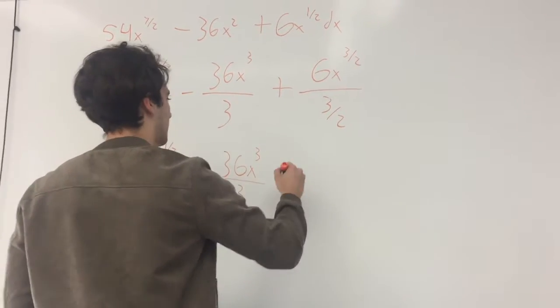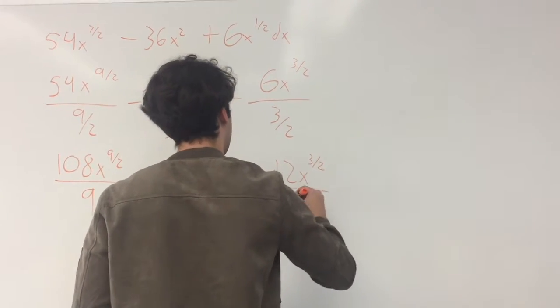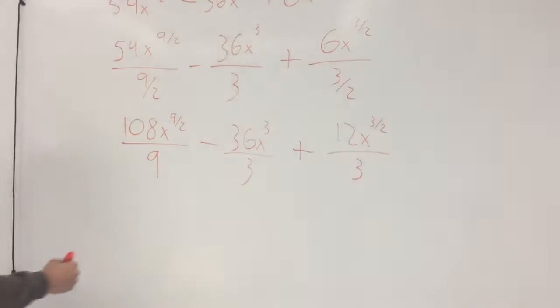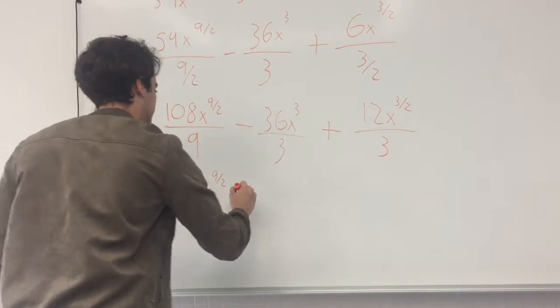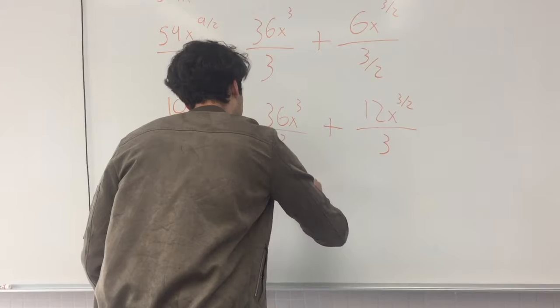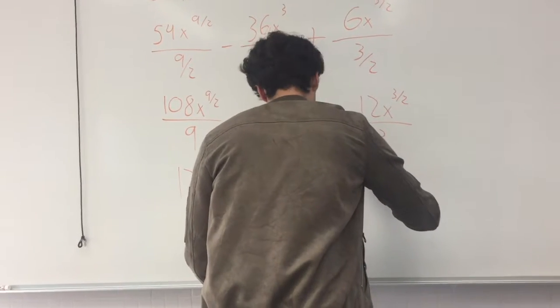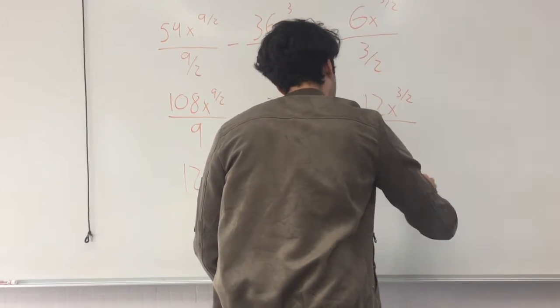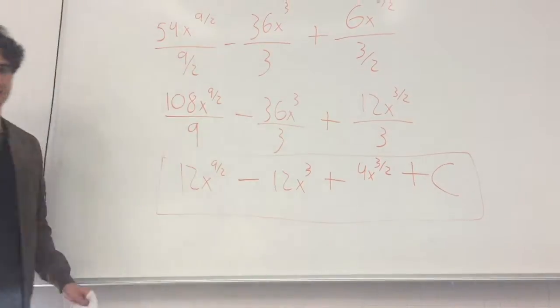Then the second will stay the same, and the last one will be 2 over 2 times 6, which is 12x^(3/2) over 3. And at the end we're just going to simplify it. What was on the top will be divided by what's left on the bottom, as you can see, and that will be our final answer.